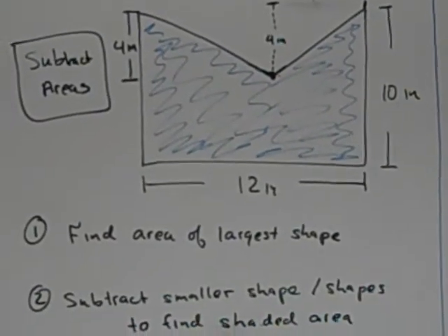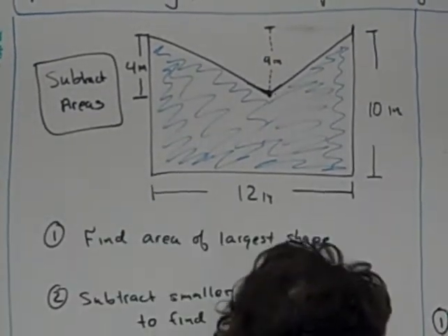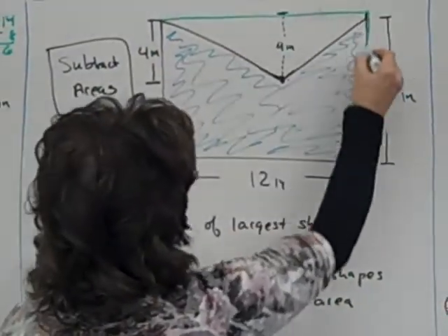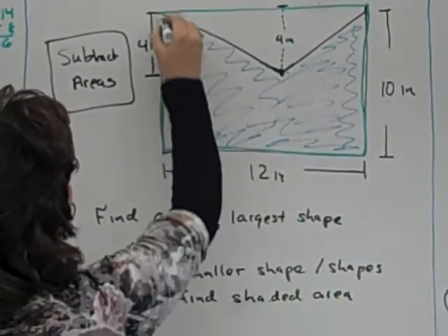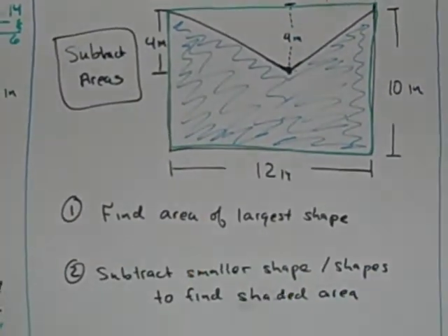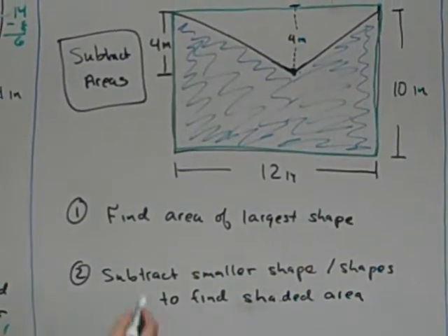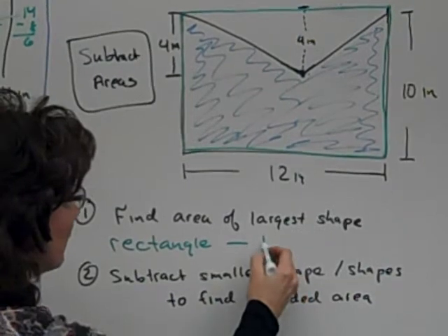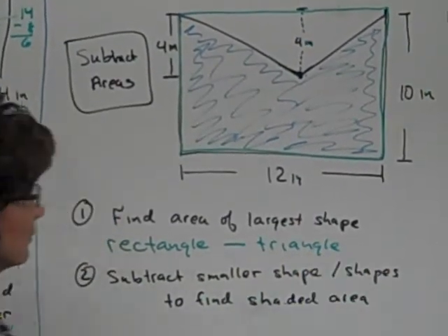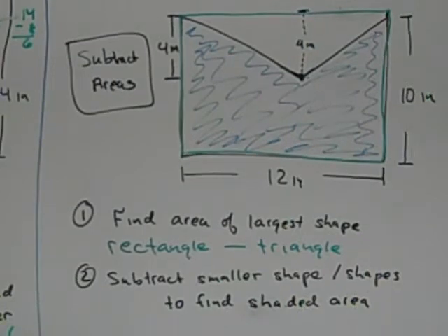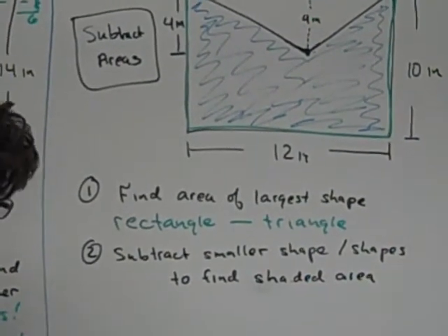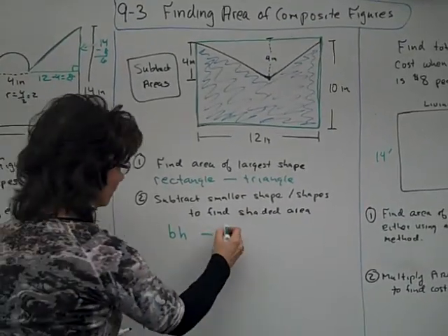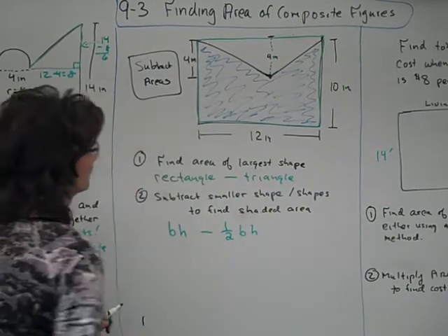When I look at this shape, we just want the shaded area, but I see a huge rectangle, and it's got a triangle cut out of it. So we could say, here we have a rectangle, and we want to take away a triangle. If I do that, I have my rectangle area formula, which is base times height, and I'm going to take away the triangle area formula, 1/2 base times height.